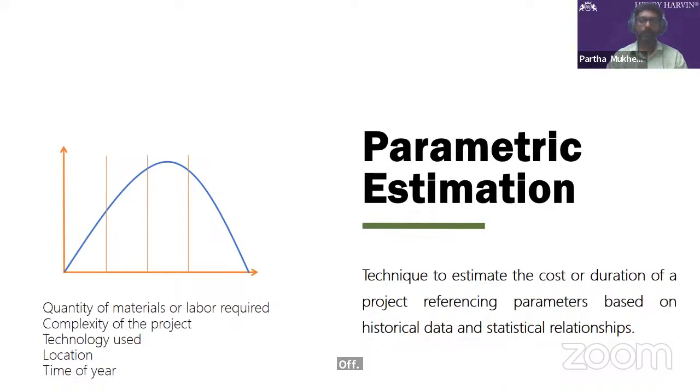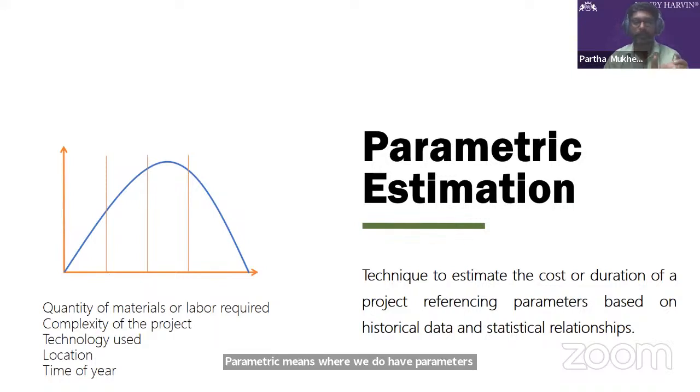Now just focus on the word parametric estimation. Parametric means where we do have parameters. We can set parameters: 10,000 square feet, 10 days, 5 kilos, 10 tons. So when we have parameters, based on those parameters we need to prepare an estimate. That is known to us as parametric estimation.